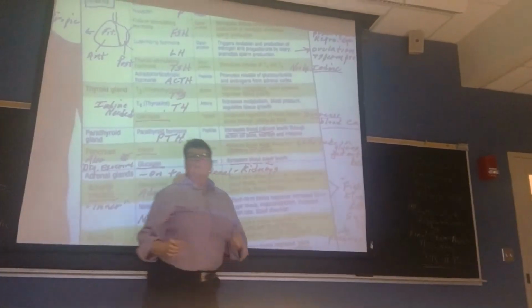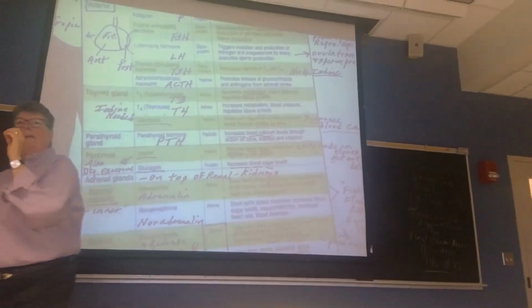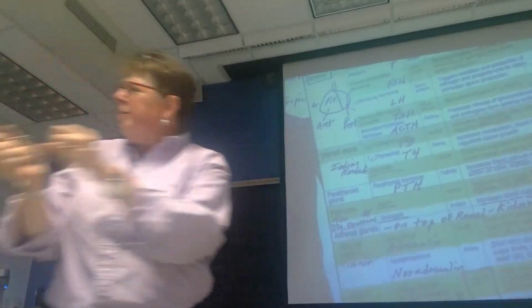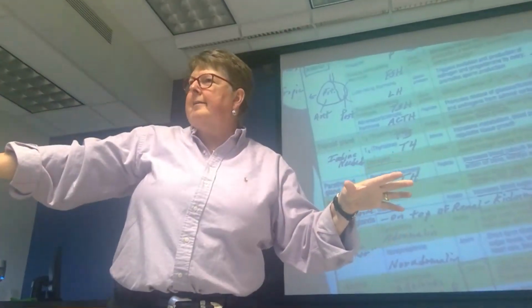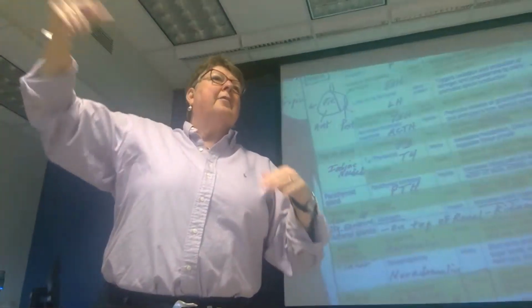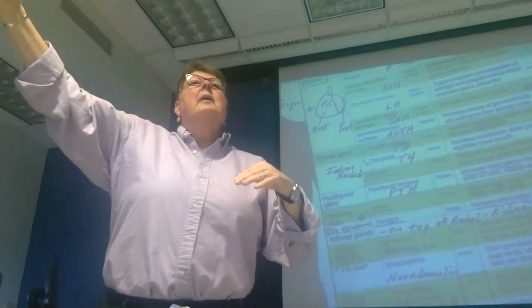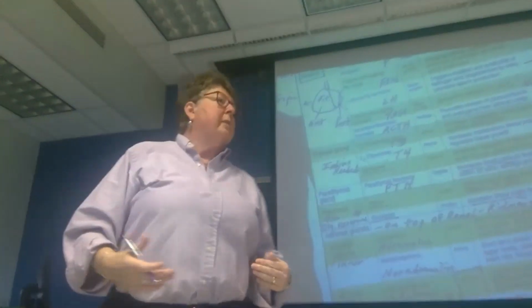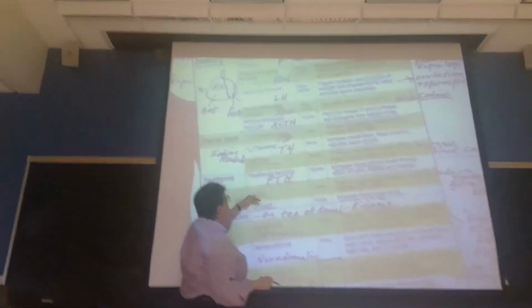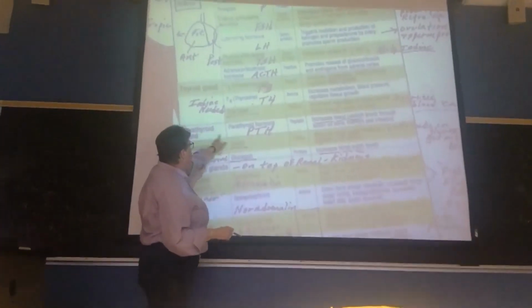So what it does is it breaks down bone. If you don't have enough calcium, it actually attacks the bone, takes the calcium out of the bone, makes the bones less strong. And this happens as one ages usually, and osteoporosis is a potential issue. It's a delicate balancing act between calcitonin and parathyroid hormone.